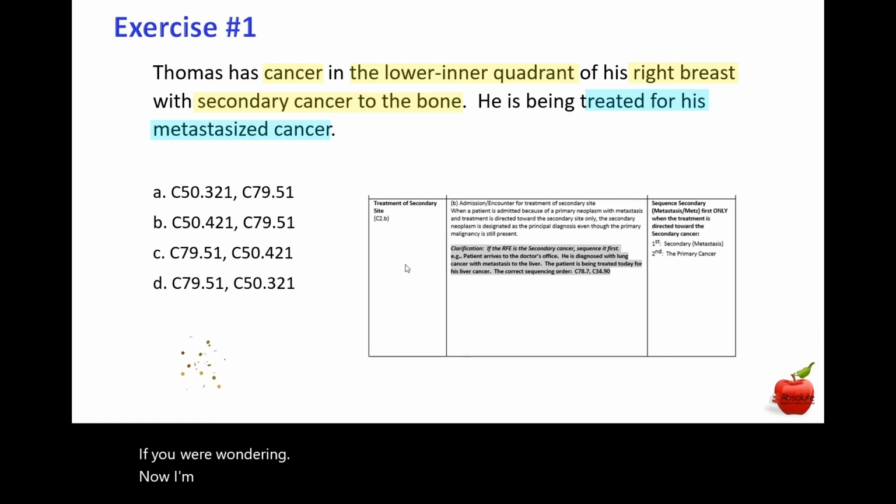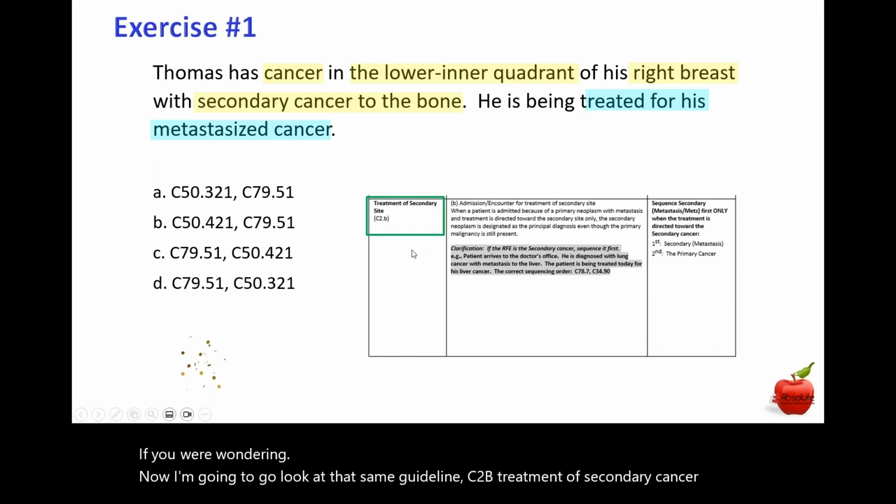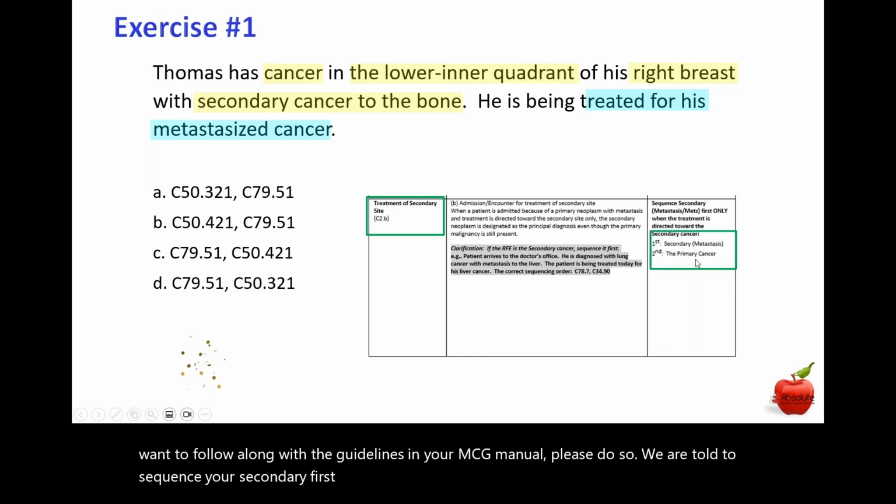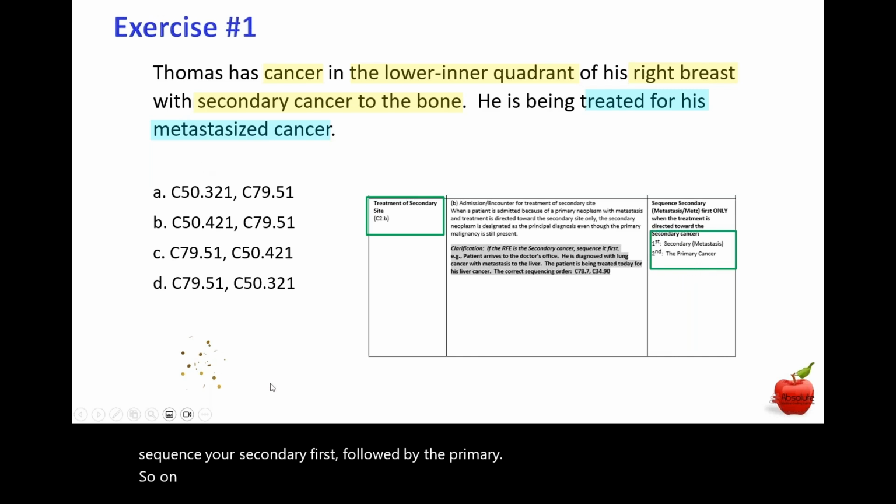Now, I'm going to go look at that same guideline, C2B, treatment of secondary cancer. If you want to follow along with the guidelines in your MCG manual, please do so. So we are told to sequence your secondary first, followed by the primary. So on site, we can eliminate 2 answers.